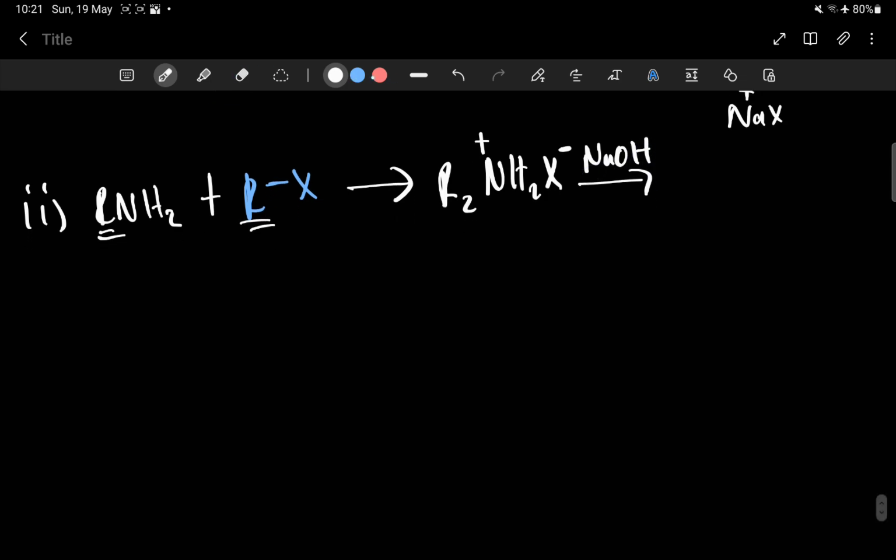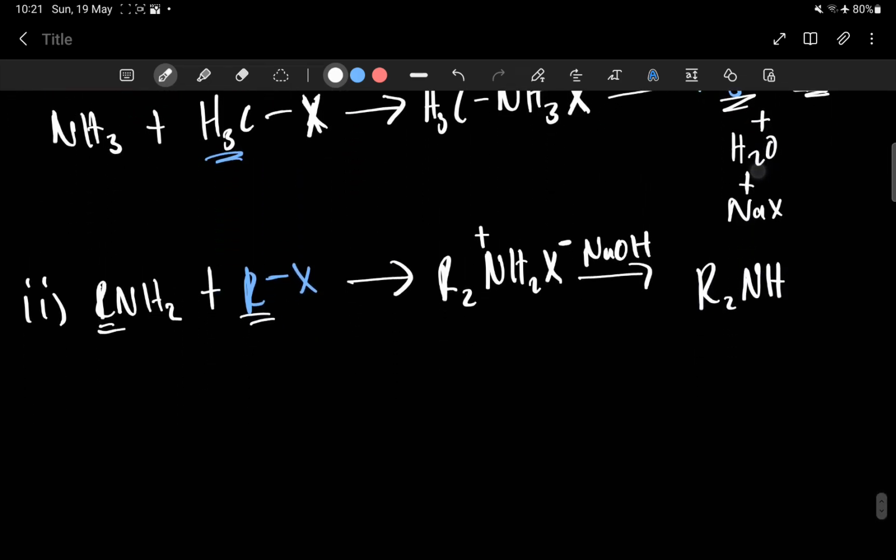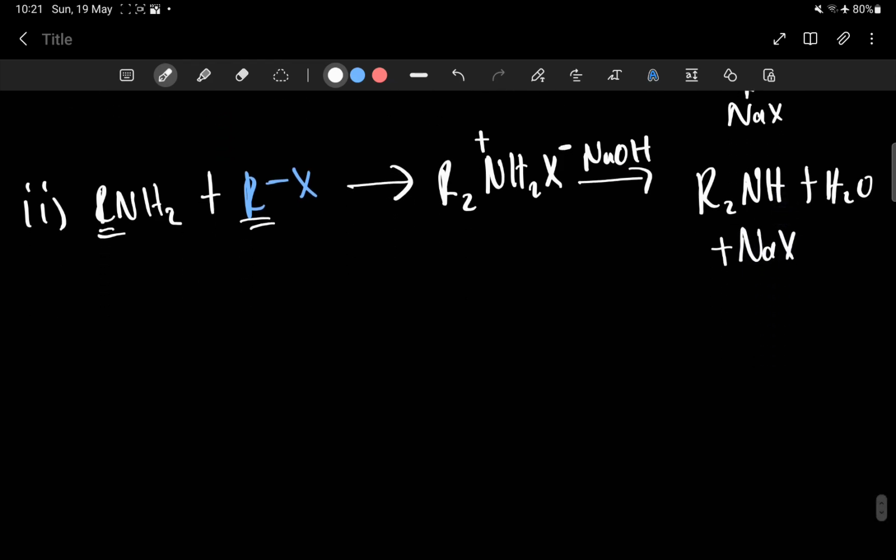We get a secondary amine, which is going to be R2 then NH instead of NH2. When it was NH2, it was a primary. This time it's going to be a secondary. And what are the other things which you get? The same things plus H2O, the water, and plus NaX.